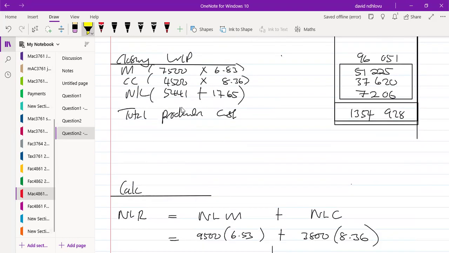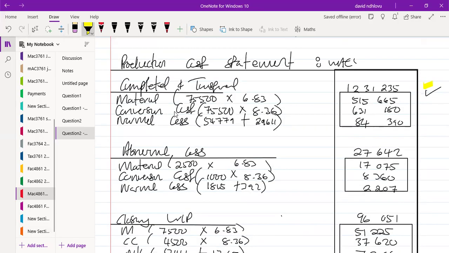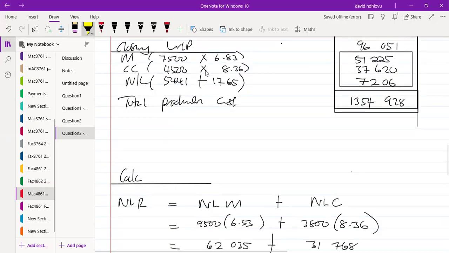And then the 7.5 in closing WIP, 7500 by 6.83, that looks correct. Right, the 4.5 by 8.36, that looks correct. The 5441 plus 1765. Right, then we add. That gives me 96 plus 27, 642 plus 1231, 235. Right, I'm still getting the same.